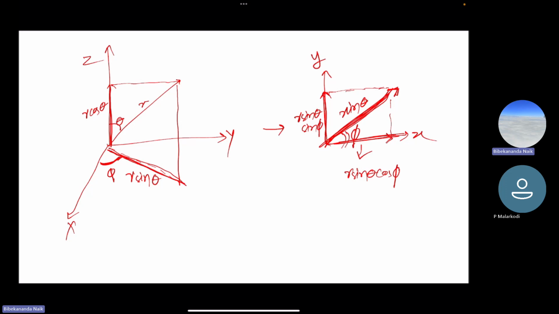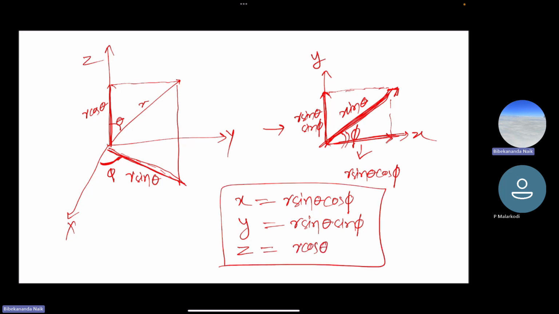If we convert the Cartesian coordinate system to spherical polar coordinate system, then what will be the relations between x, y, z and r, theta, phi? So x will be r sin theta cos phi, y will be r sin theta sin phi, z will be r cos theta. So these are the relations.